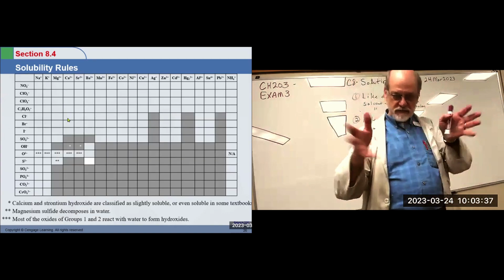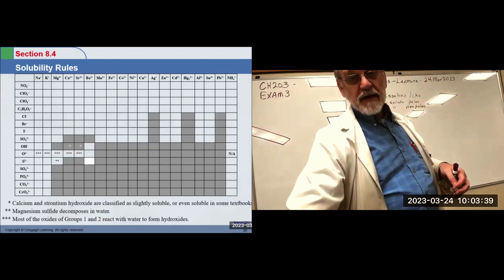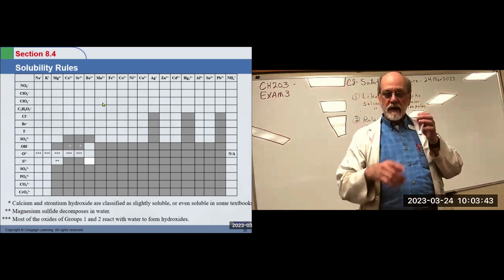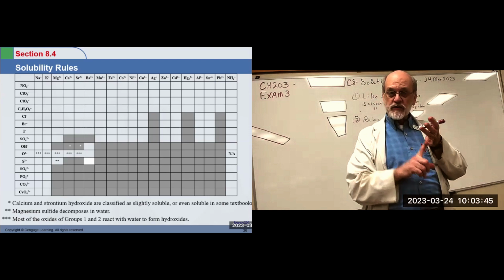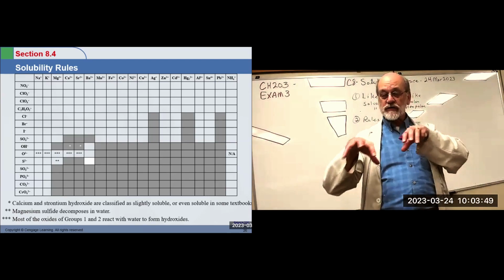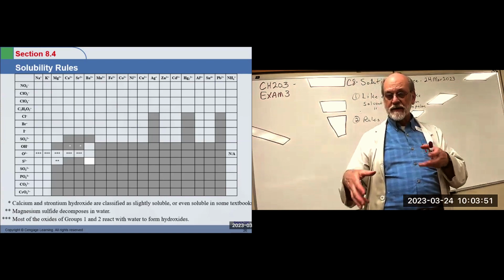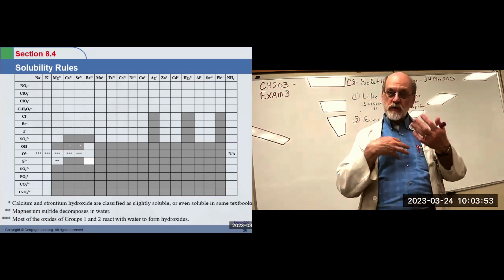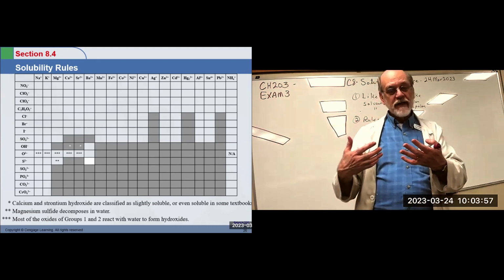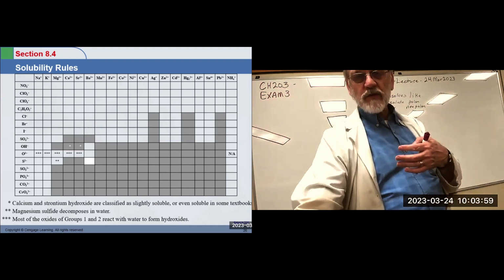And there's another example of your chart. If you have a situation where you know you have a certain cation in solution and an anion, as a consequence of perhaps adding two solutions together, and those ions are now able to interact, then you can determine if they're going to be soluble.